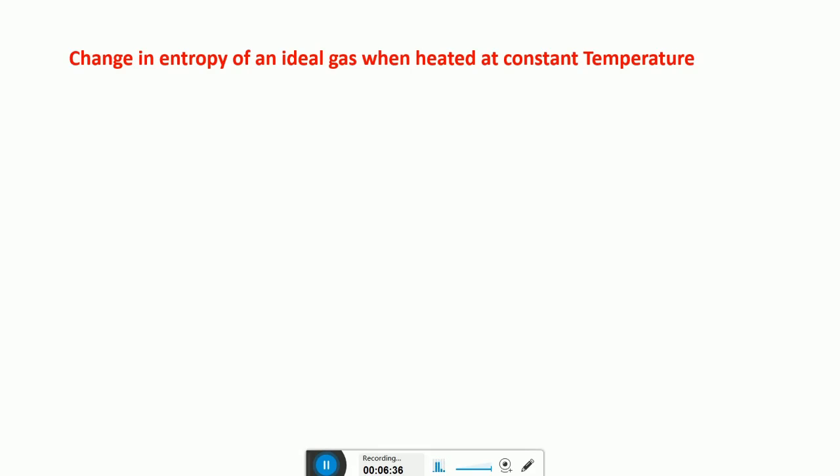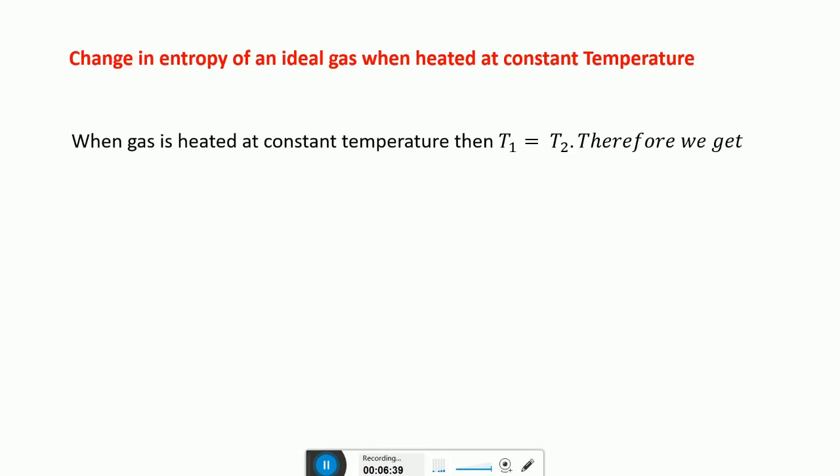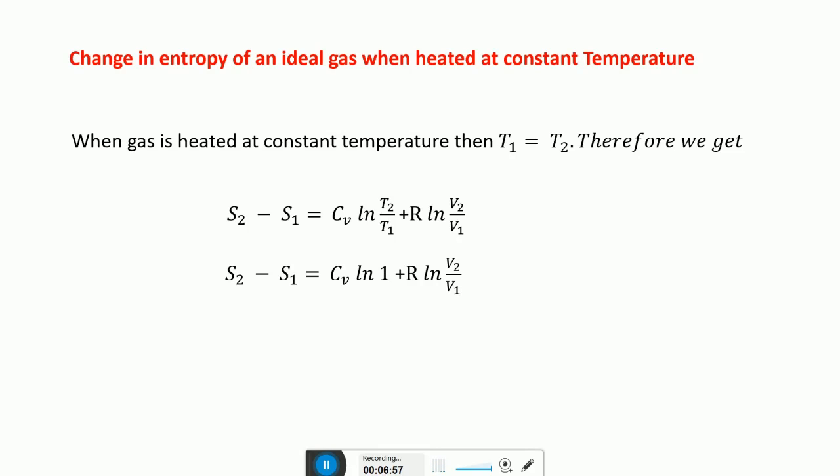So when the gas is heated at constant temperature, then T1 is equal to T2. Therefore, the change in entropy, S2 minus S1 is equal to Cv log T2 upon T1 plus R log V2 upon V1 becomes S2 minus S1 is equal to Cv log 1, because here T1 is equal to T2, they get cancelled.